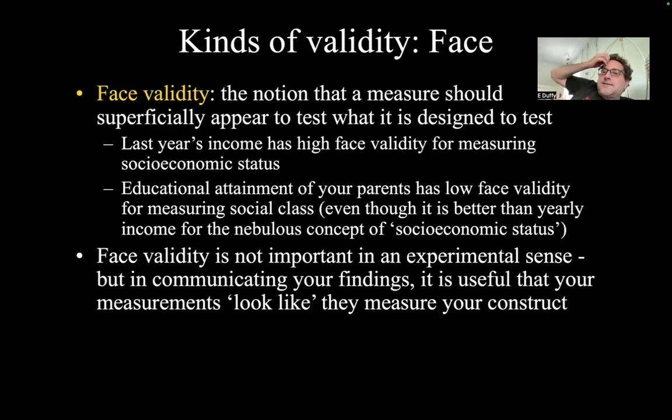But face validity is maybe not an important topic in an experimental sense, but in communicating your findings, you want your measures of your independent and dependent variables to look like they measure the constructs that you're interested in tapping into. So that's why face validity is an important one to keep in mind.